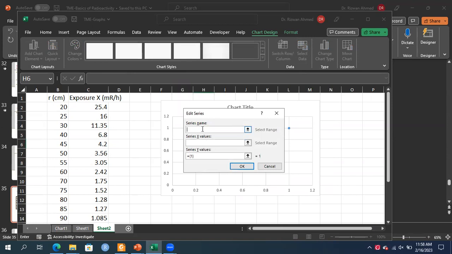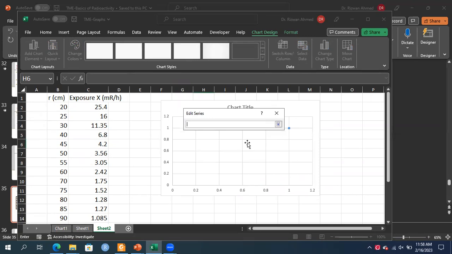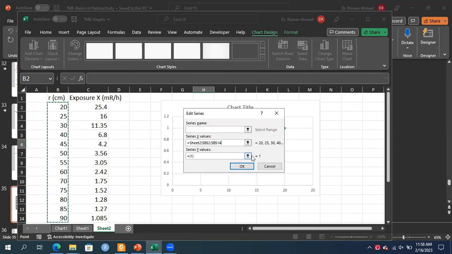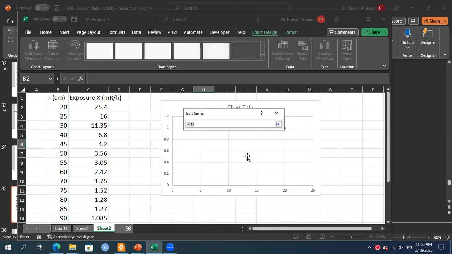So you can give the series a name. Since this is only one plot, you can omit this for the time being. So from 20 centimeters to 90 centimeters, with a step of 5 centimeters, the experiment was performed to observe the exposure rate.